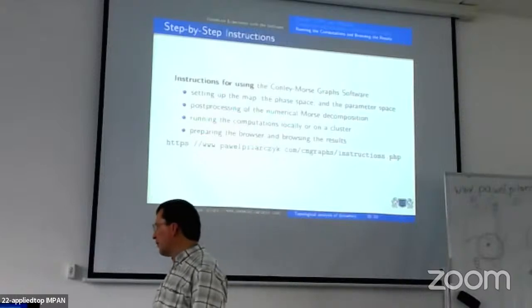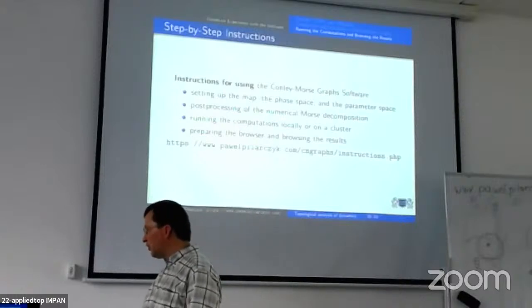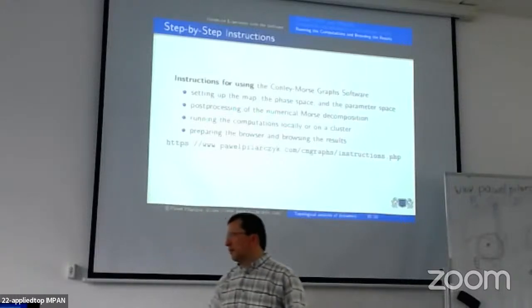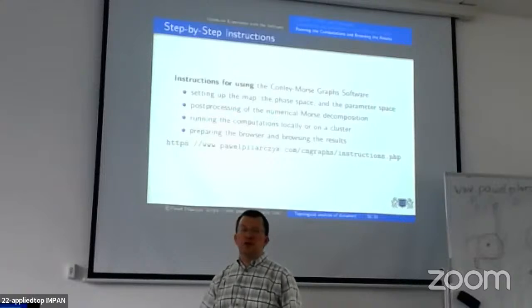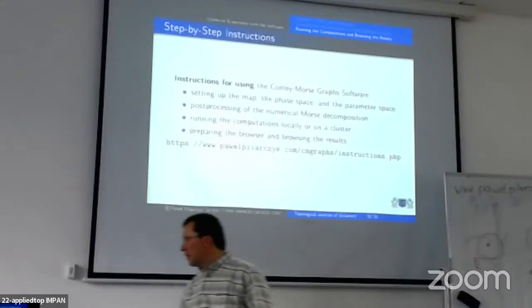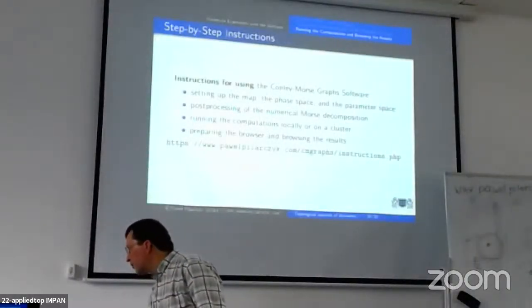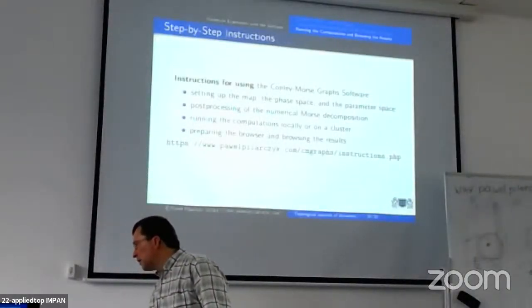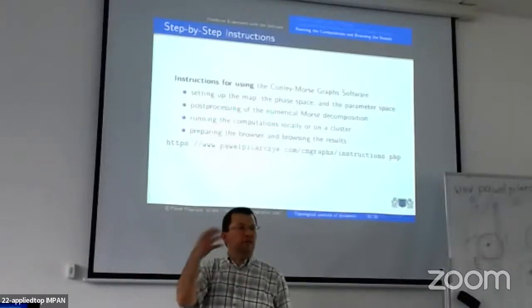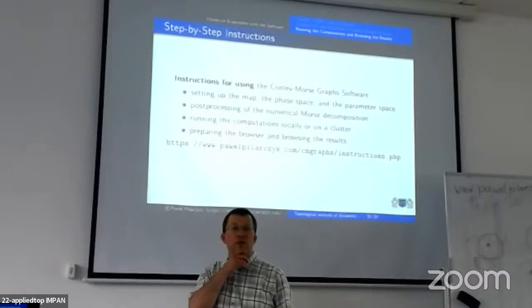This is the actual using of the CMGraph software. So in this software, there are separate configuration files for defining the map, for defining the phase space, defining the parameter space, and also after the numerical Morse decomposition has been computed, it is possible to add some code that would post-process the Morse sets.